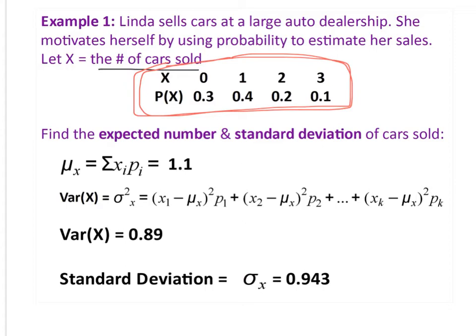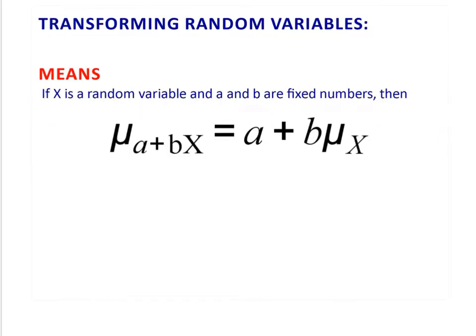So this is review, but we're going to use these numbers today when we start applying the principles of transforming random variables. The first way we can transform random variables that we're going to look at is transforming the mean.